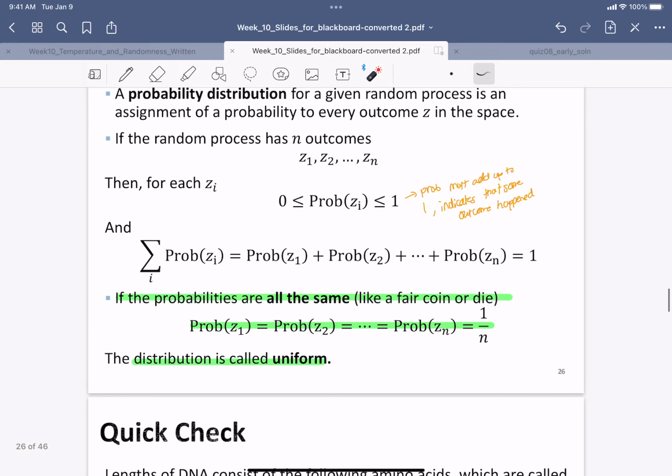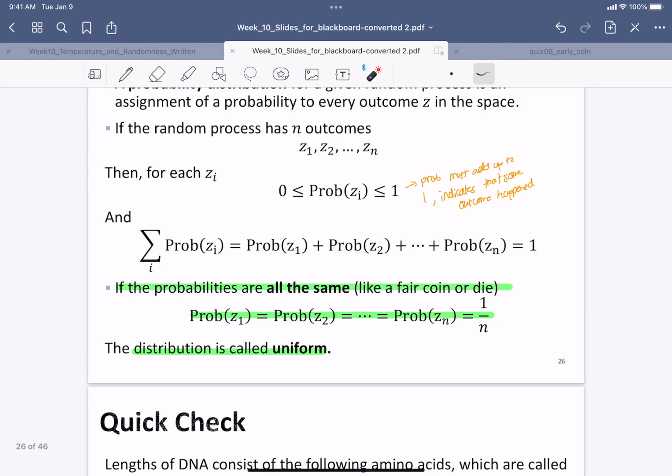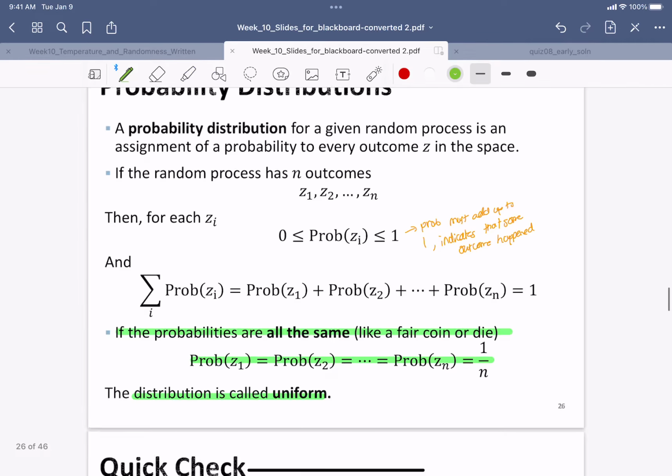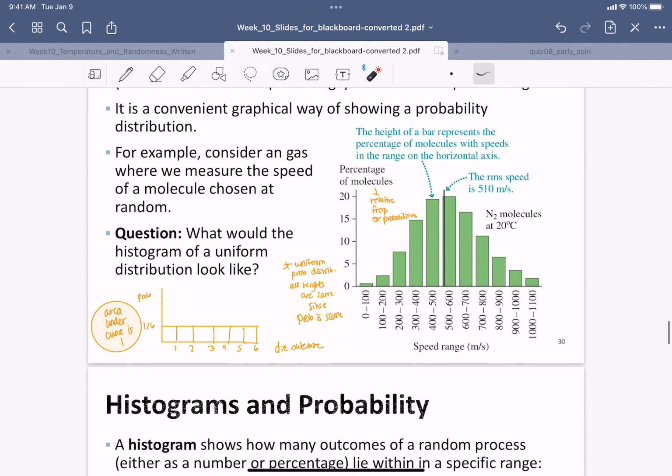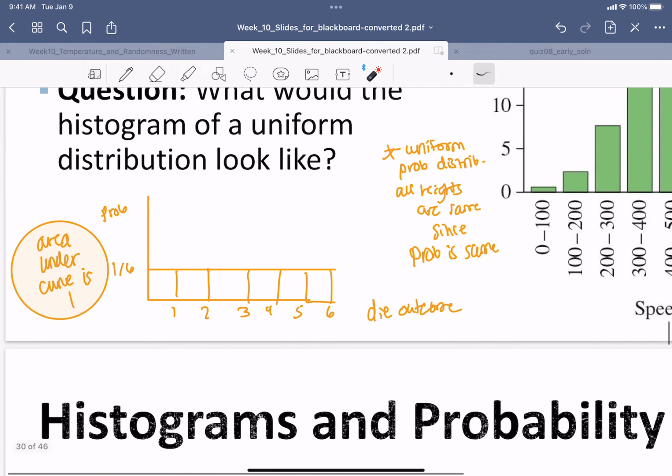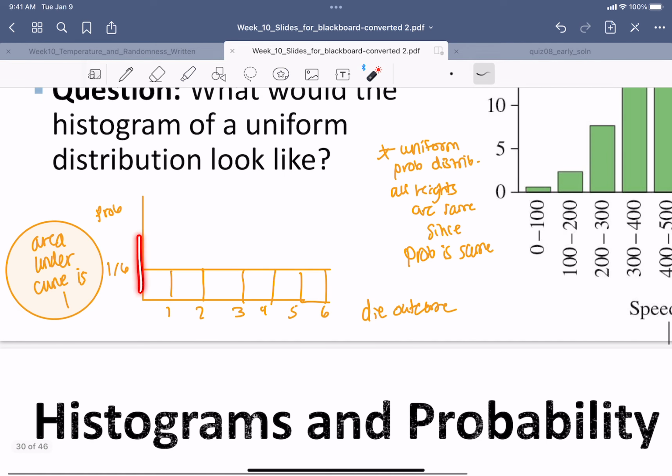Probability distributions. So for flipping a fair coin, for example, your probability distribution should look something like this. Or rolling a dice, for example, right? So you have probability on the y-axis, your outcomes on the x-axis, right?